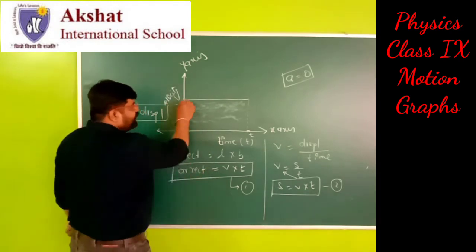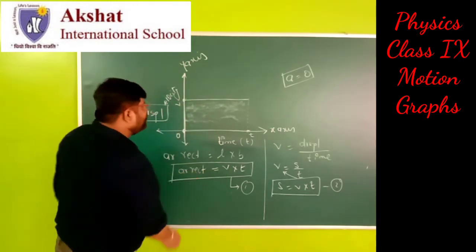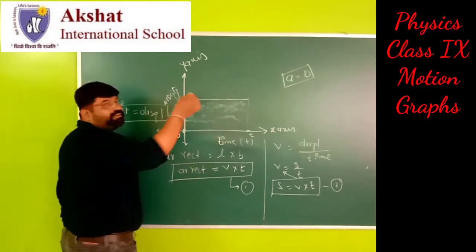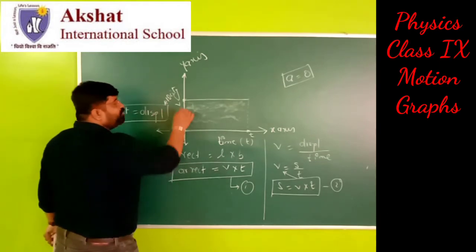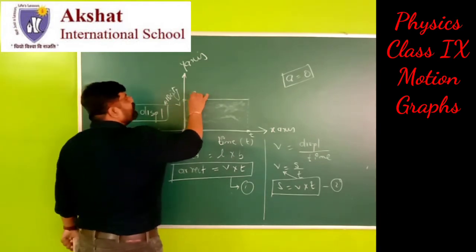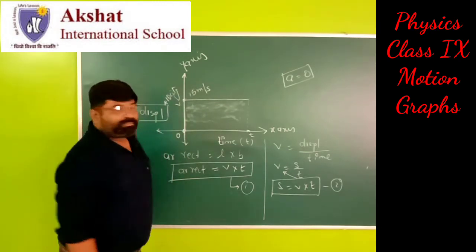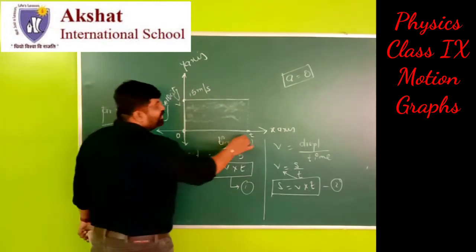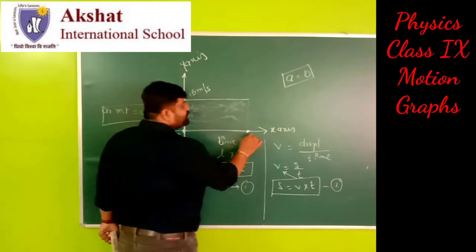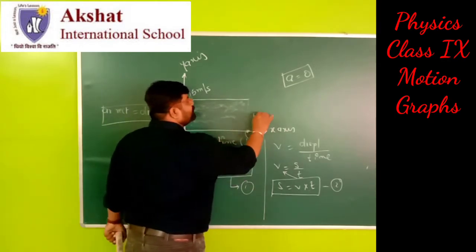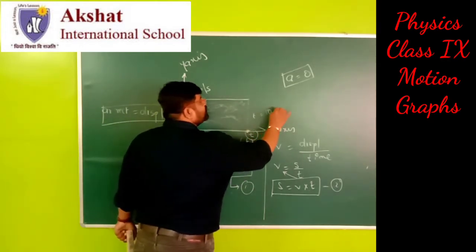That means if I have the constant velocity of the object, for example, say 15 meter per second, and at this interval of time, say here the time is 10 seconds.